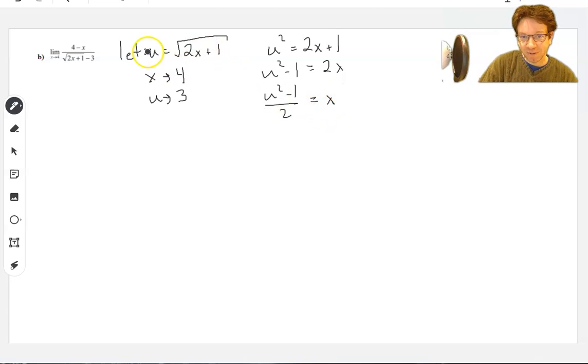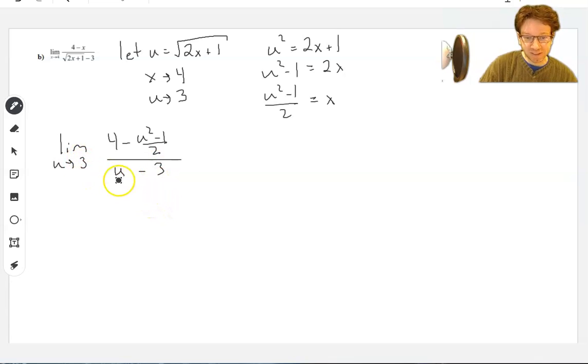So now we're going to sub in for u and x. So we get the limit as u approaches 3 of 4 minus x, which is u squared minus 1 over 2, all over the square root of 2x plus 1, which is u, minus 3.